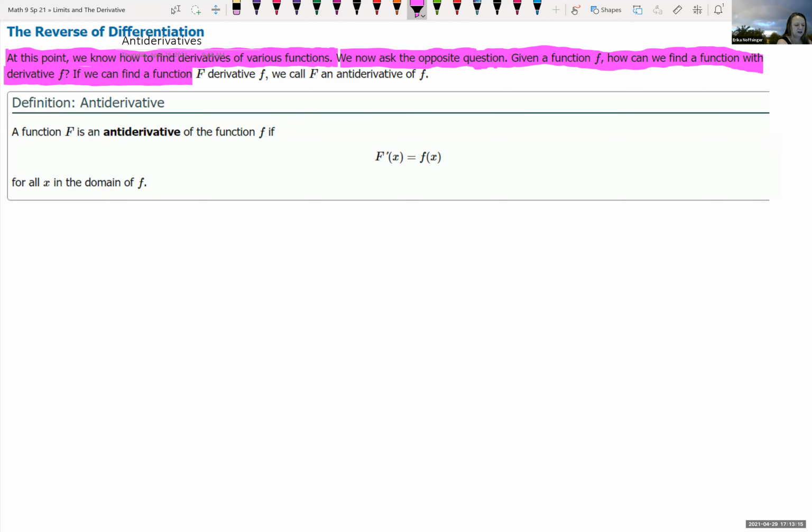If we can find a function capital F whose derivative is f, we call capital F the antiderivative of f. So a function capital F is an antiderivative of a function little f if we take the derivative of this antiderivative and we get our original function for all x in the domain of f.